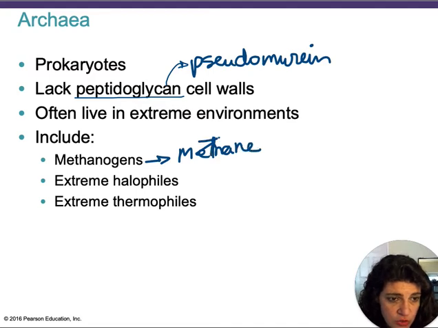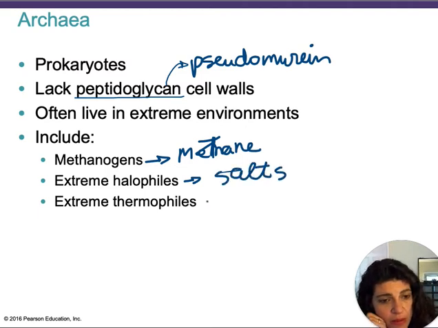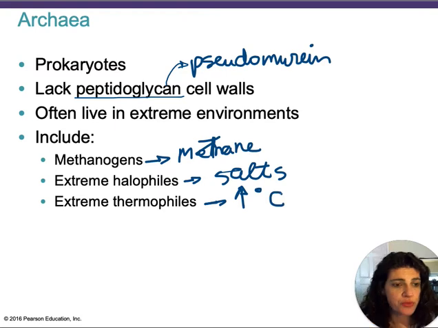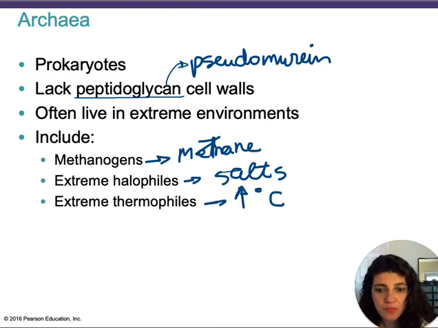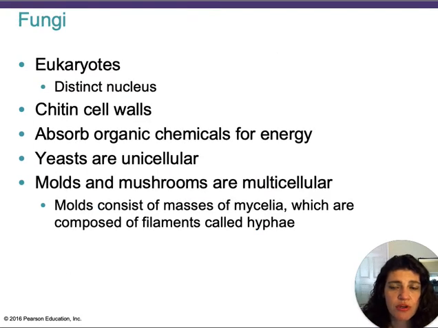I hope you understood that this is a TH. They can be extreme halophiles, meaning they love and stand high concentrations of salt. And they can be extreme thermophiles. They can withstand very high temperatures. So these are characteristics of archaea.